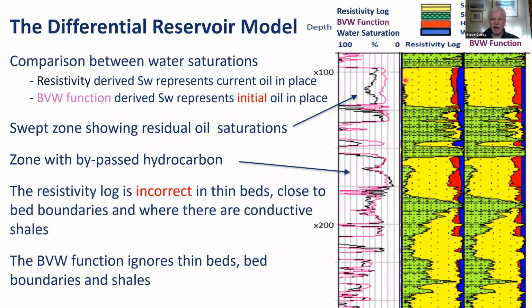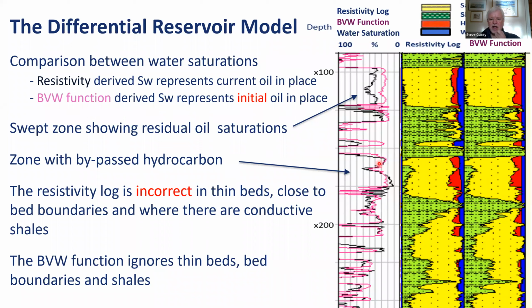So in this top zone here, we have a difference. It gives us the residual oil saturation, but it also tells us that this interval has been swept. Whereas in a deeper zone here, the function and the resistivity Sw overlay. So this indicates a zone which has bypassed hydrocarbon.